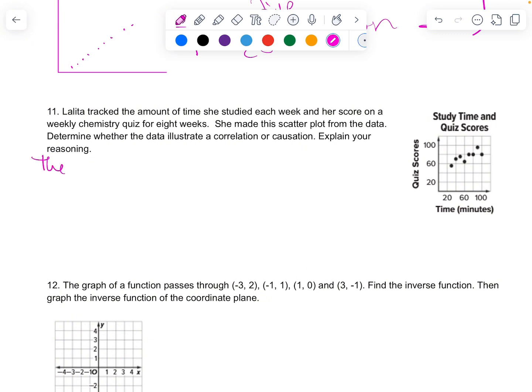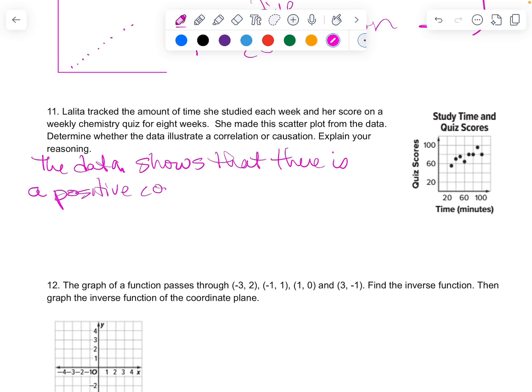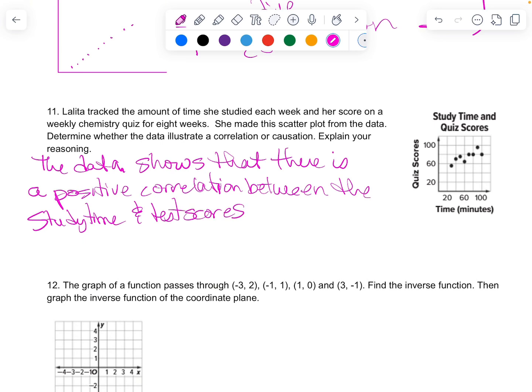I'm going to say the data shows that there is a positive correlation between study time and test scores, or quiz scores.